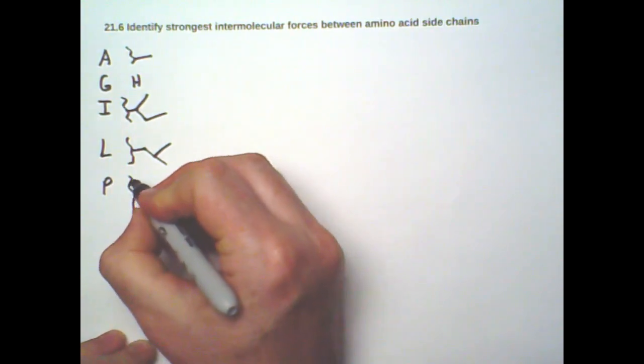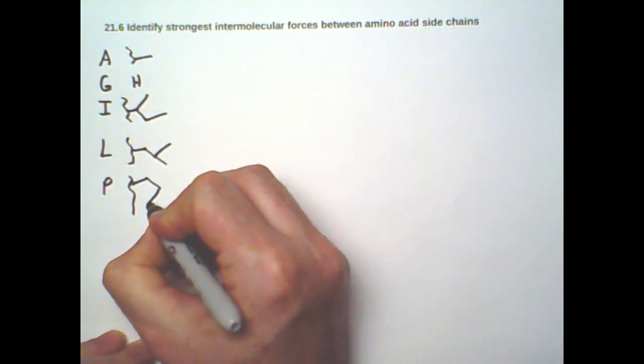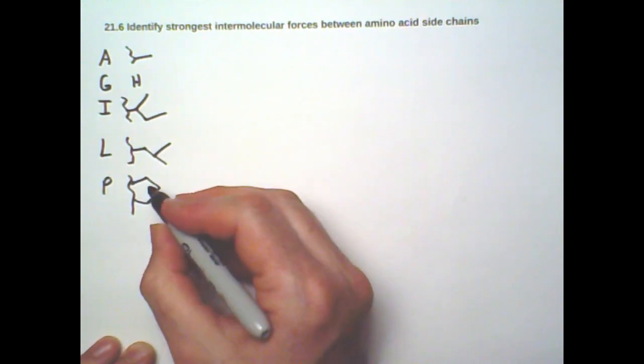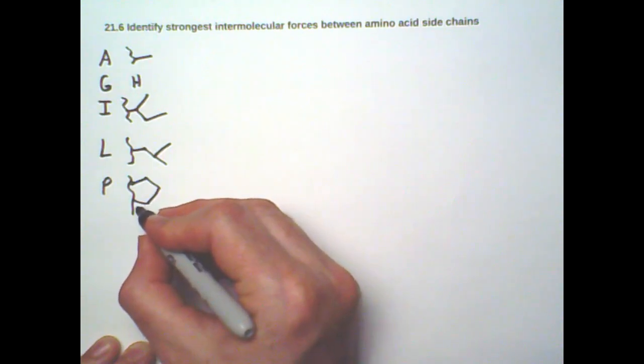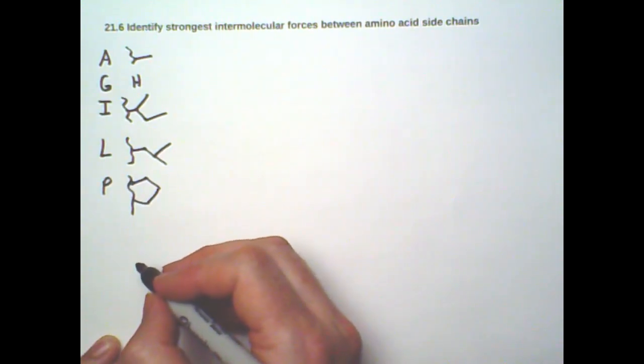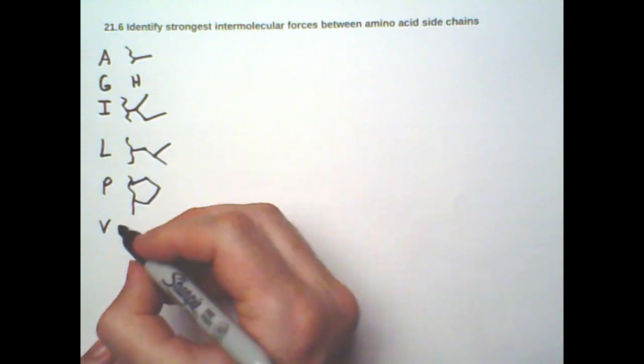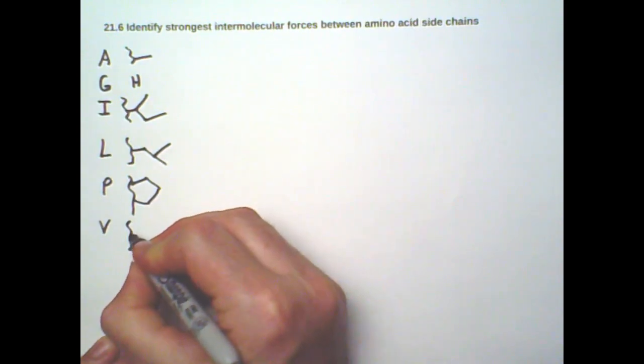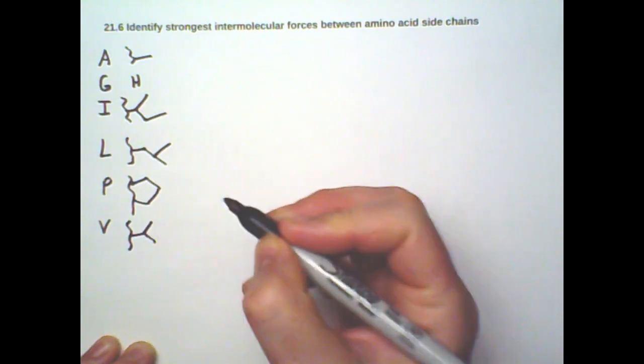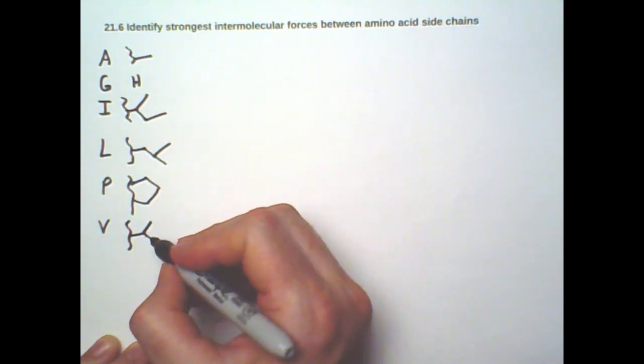Proline has that backbone with 3 carbons making a ring around to it. And valine, that V-shaped side chain.